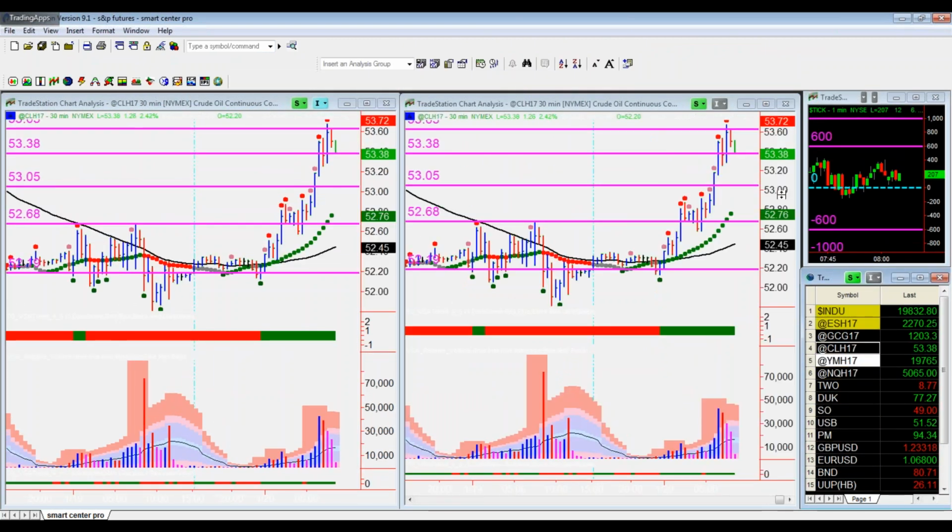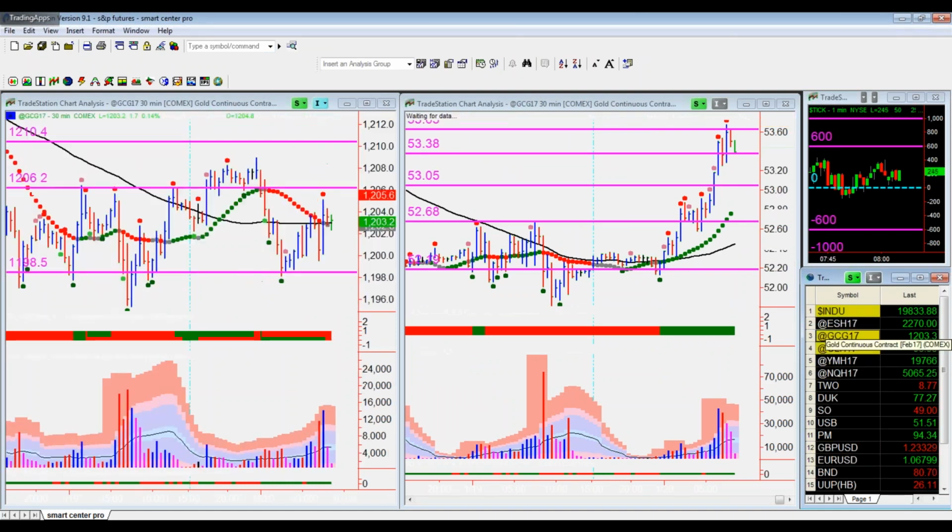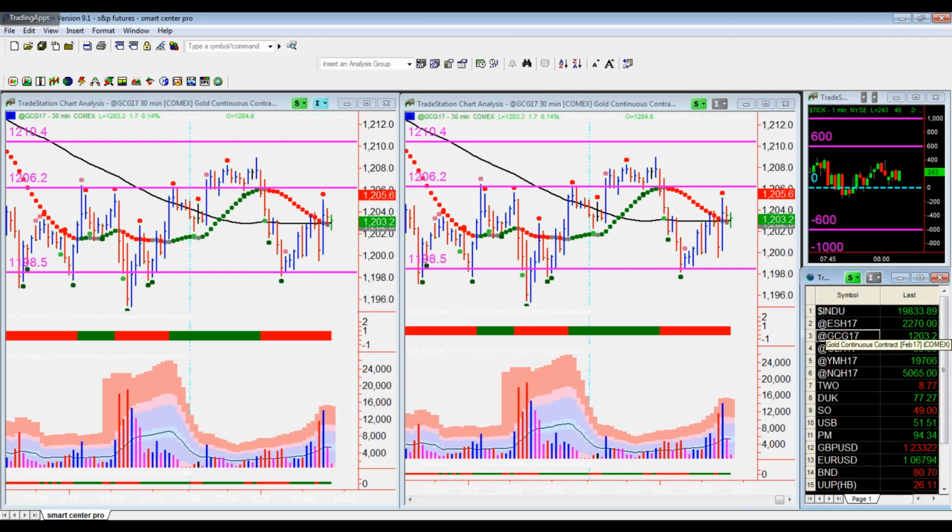Red light's coming off. That's surprising. Gold's actually kind of staggering.